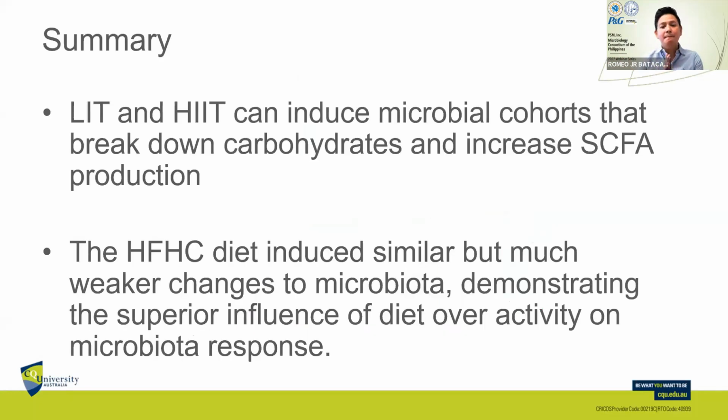So to summarize, our results suggest that light intensity training and high intensity interval training can induce microbial cohorts that break down carbohydrates more effectively. So the microorganisms increased in LIT and HIIT are those that increase the breakdown of complex polysaccharides or complex carbohydrates, potentially improving the performance of energy provisions to working muscles.